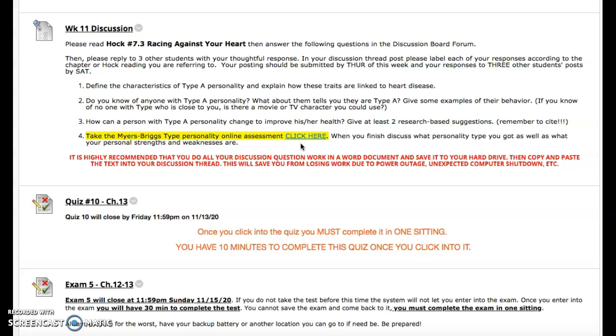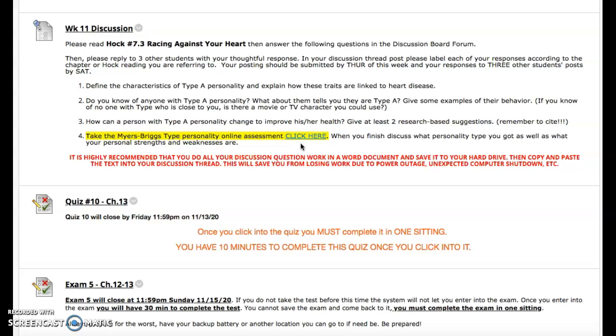This week's reading in Hawk deals with personality and how it affects our health, specifically type A personality. So you're going to be reading about this in the main chapter. Chapter 13 talks about type A personality. So it's good to read that main chapter first and then read the Hawk reading so that you'll have a kind of a base understanding before you go into the Hawk reading.